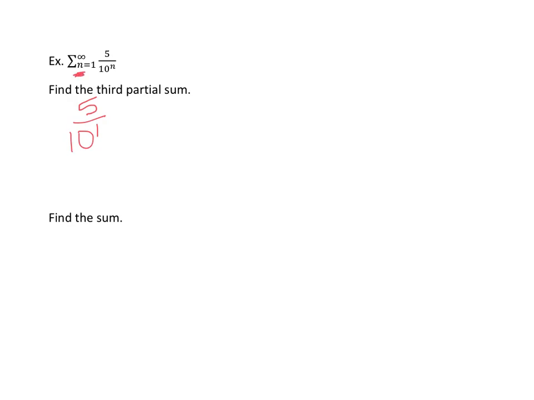This tells me where to start. 5 over 10 to the 2, and 5 over 10 to the 3. You are allowed calculators on this, so please use them. 5 over 10 plus 5 over 100 plus 5 over 1,000 would be 0.555.